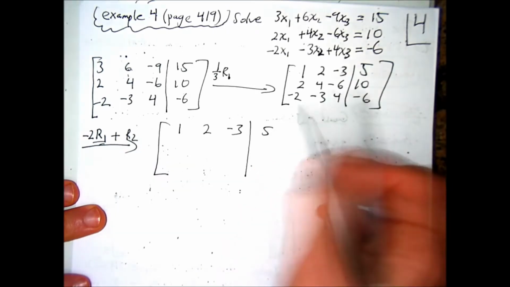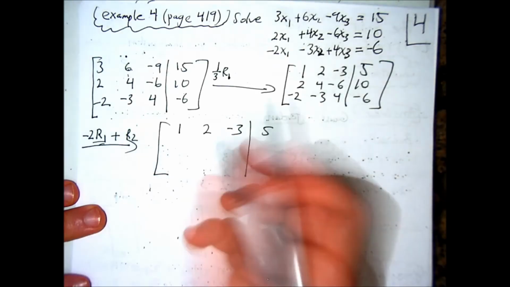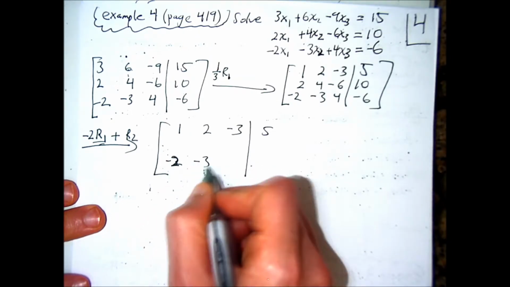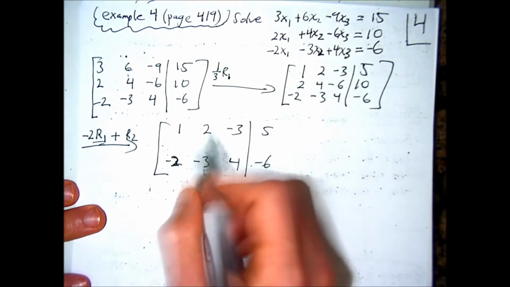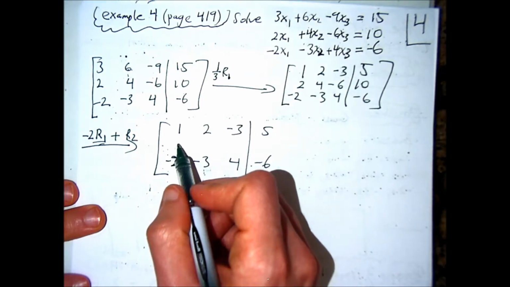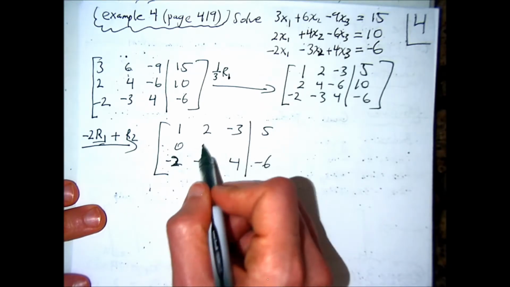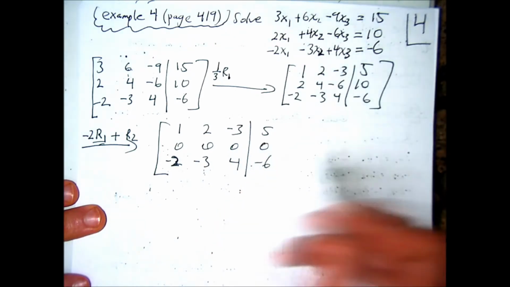The third row doesn't change. It's not even in this operation. So we just copy that down. Whoops, negative 2, negative 3, 4, negative 6. And then this operation gives us zeros all along the second row. Perfect.